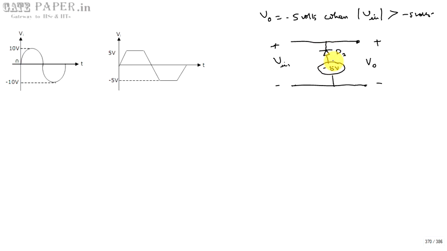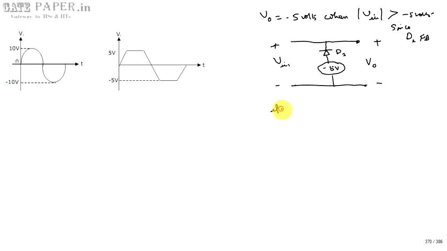So the overall effective voltage on the P side is more positive. That makes D2 forward biased. So since D2 is forward biased, V0 will be equal to minus 5 volts.